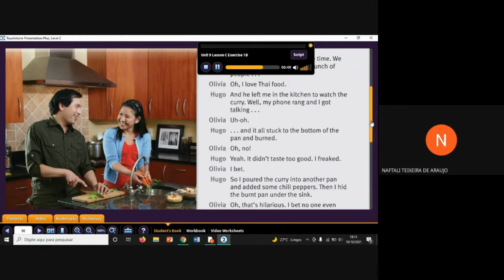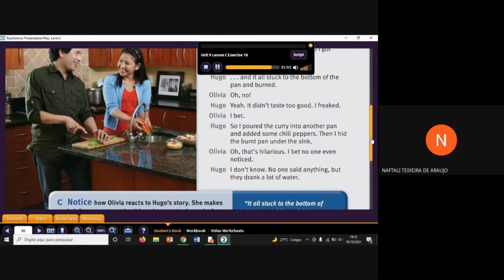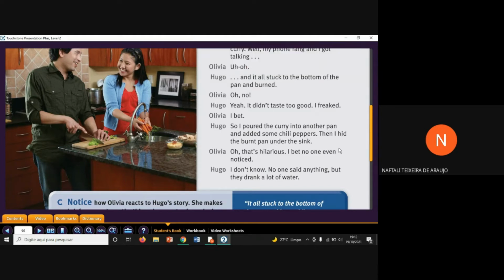I freaked. I bet. So I poured the curry into another pan and added some chili peppers. Then I hid the burnt pan under the sink. Oh, that's hilarious. I bet no one even noticed. I don't know. No one said anything, but they drank a lot of water.